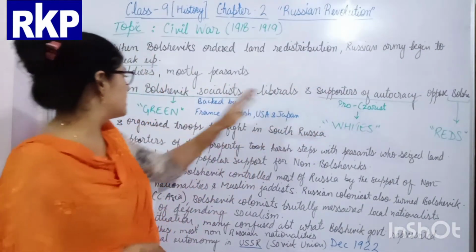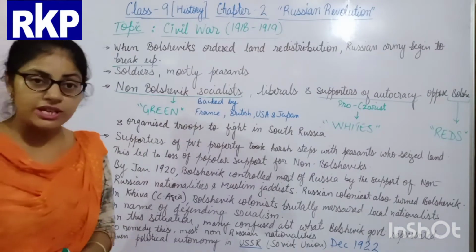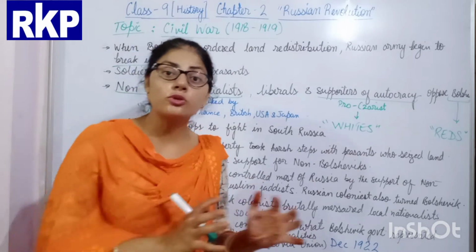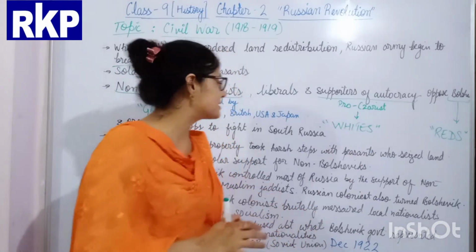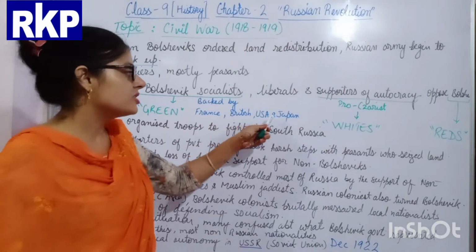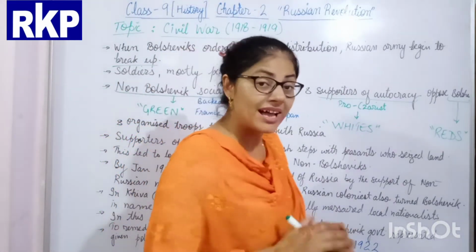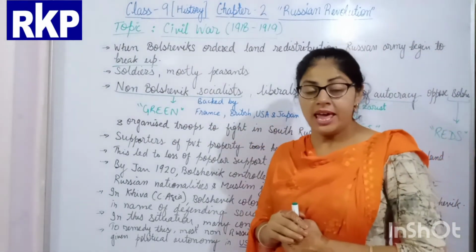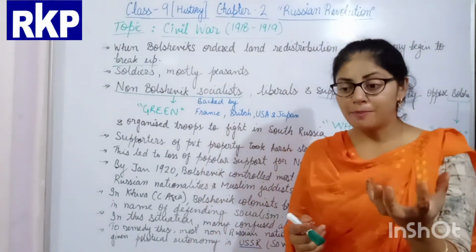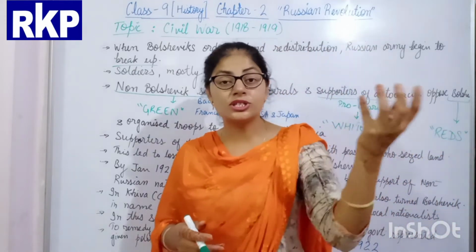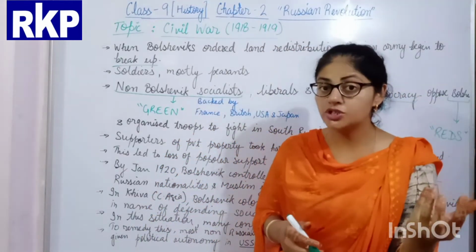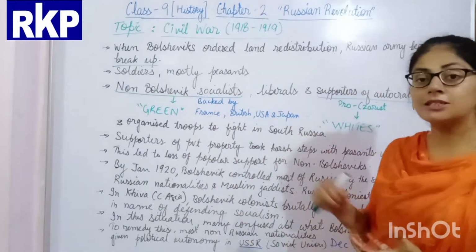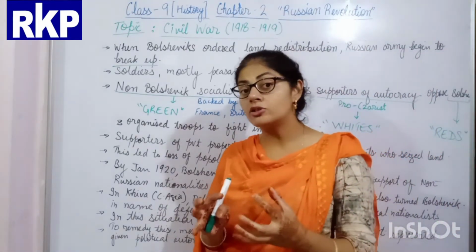These groups, the non-Bolshevik socialists, liberals, and supporters of autocracy, also got the support of French, British, American, and Japanese troops. Why did they get the support? Because all these nations were capitalist nations, and by the growth of the Bolshevik party and the socialist revolution taking place in Russia, they got alarmed and tried to stop it.